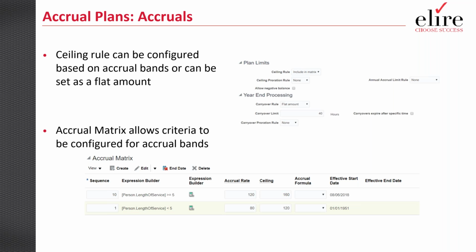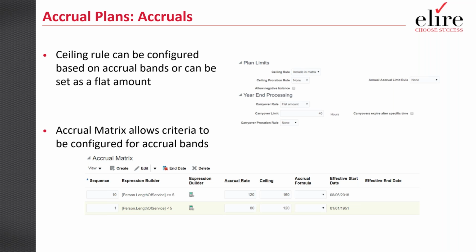If you have some employees that aren't 40 hours a week, full-time employees, and you wanted to prorate based on company policy, you can do that as well. And then you can see up in the ceiling rule, so that's carryover is the flat amount. You can just set one number, and that's the cap.